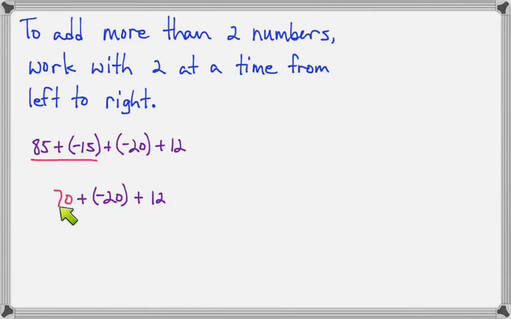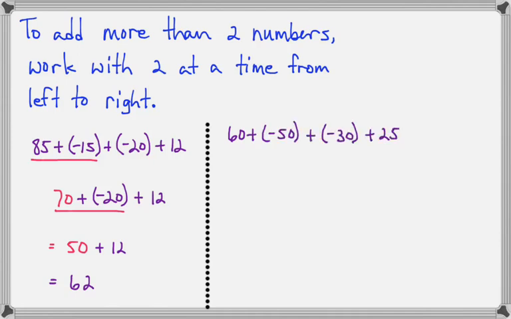Now work with this number plus the next one. So 70 plus negative 20, those two numbers have different signs, so we need to subtract them. The difference between 70 and 20 is 50. And since the 70 is positive, and that's the larger number, then the 50 will be positive. So we end up with 50 plus 12, and 50 plus 12, of course, is 62.